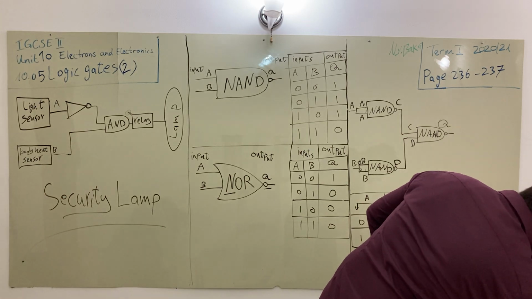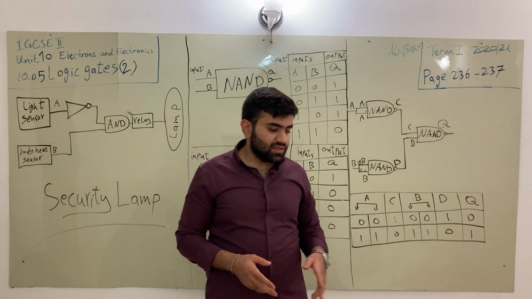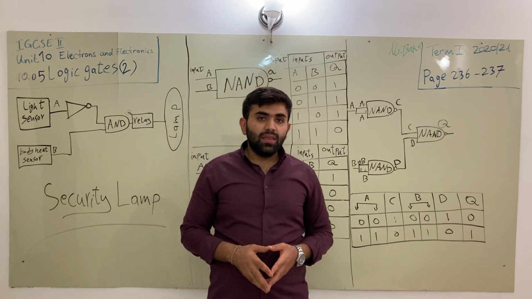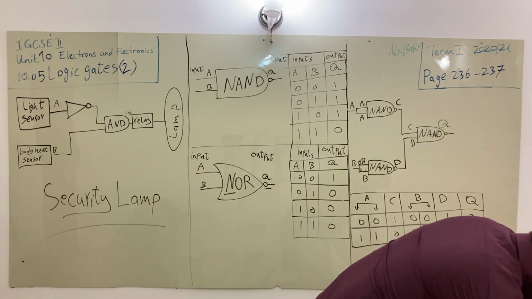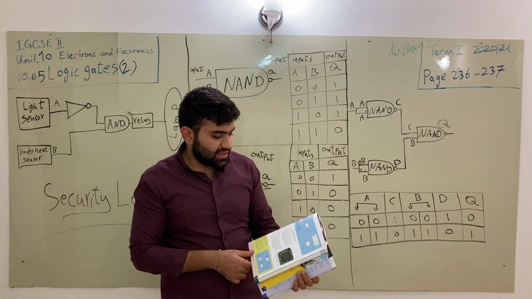Now, the last thing we're going to talk about today is the gates, the logic gates of course, in the microchip. So open your book, page 237. Gates, more gates and computers.